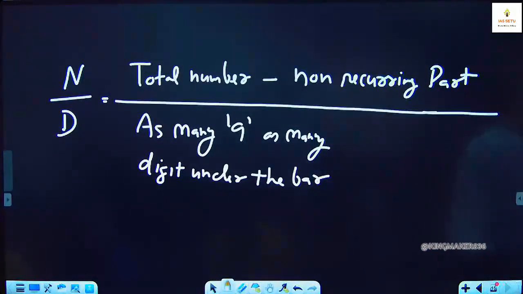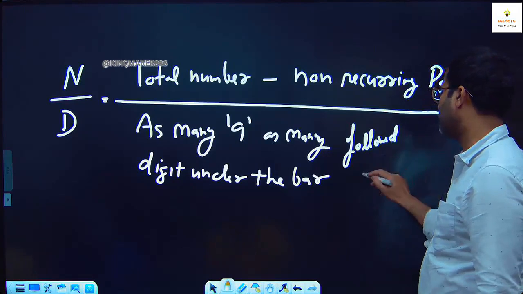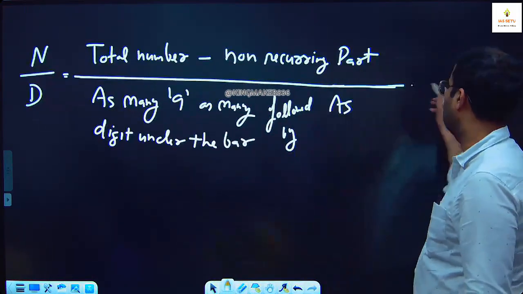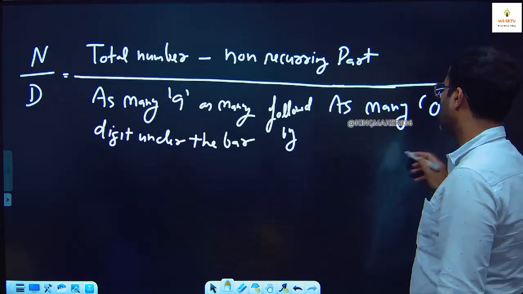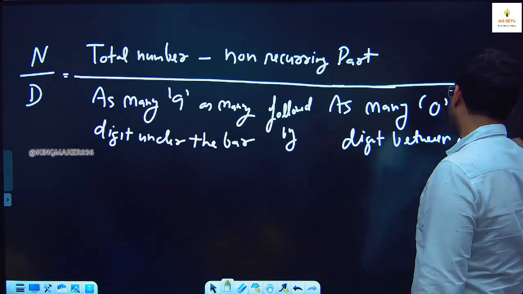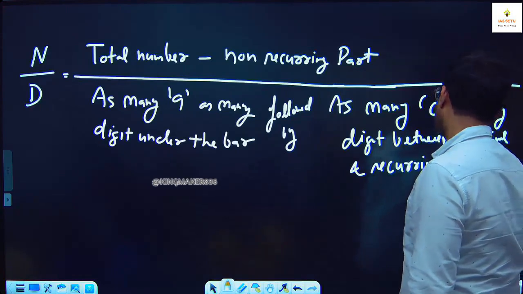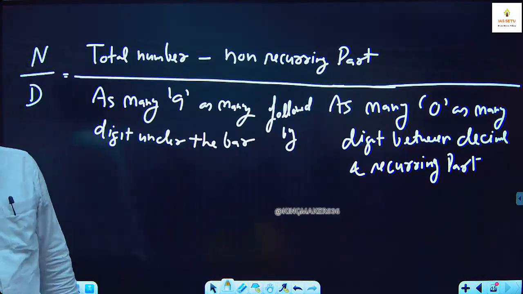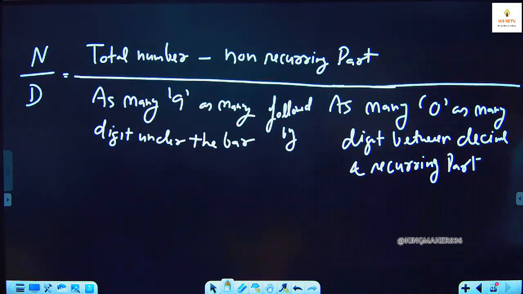As many digit, as many 9, as many digit under the bar, followed by, and after this, as many 0, as many digit between decimal and recurring part. That means as many zeros as the digits between the decimal and the recurring part. Fine.